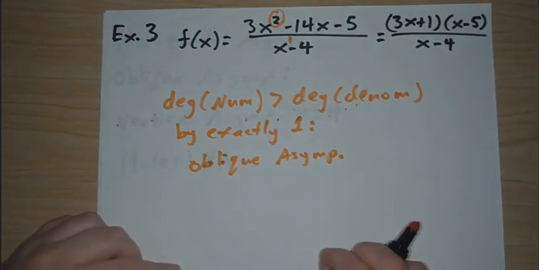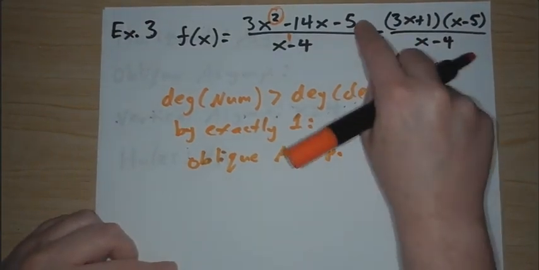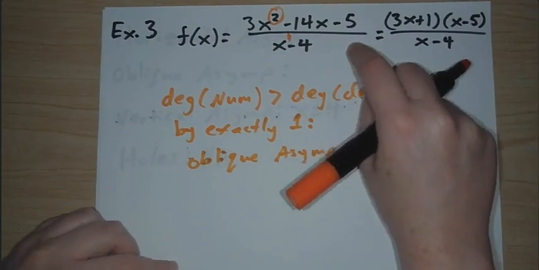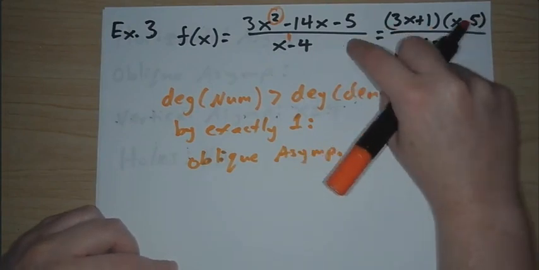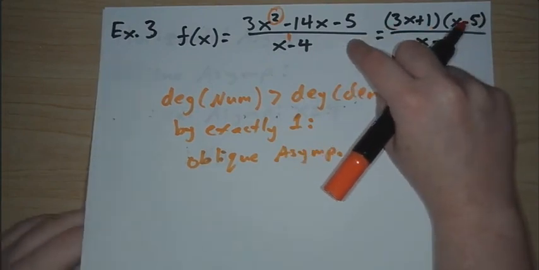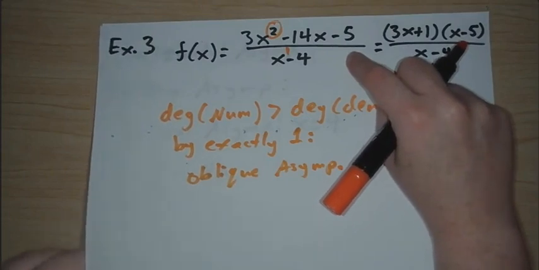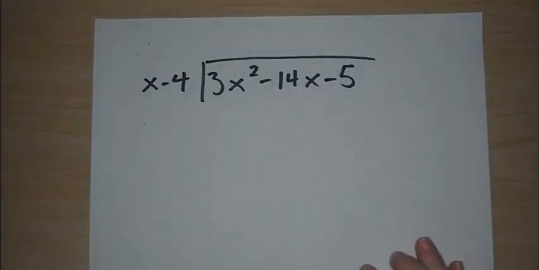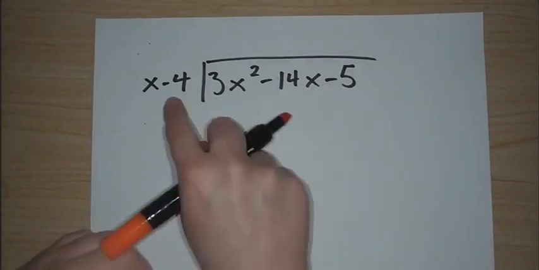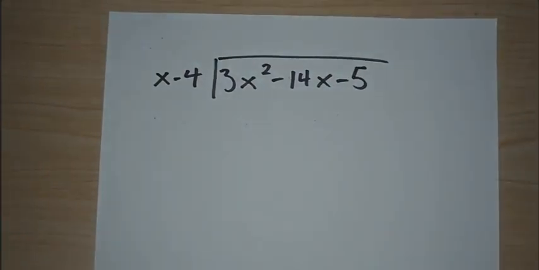And the way we find that asymptote is we actually need to divide this by long division. So we're going to divide the numerator by the denominator through long division. So here I've written that out. We have the numerator here and the denominator here. We're going to follow through with this division to find the oblique asymptote.